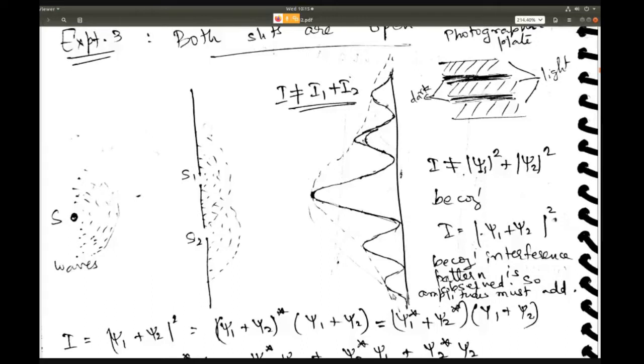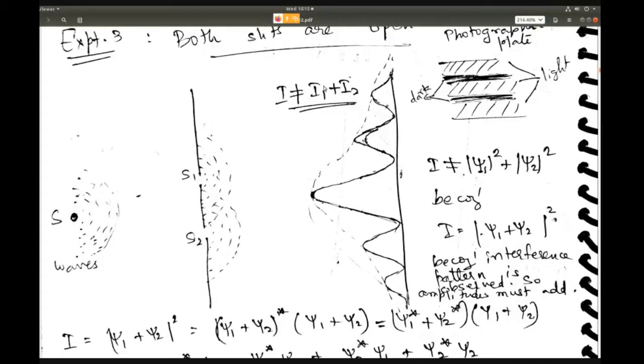The total I is obviously not I1 plus I2, because if it had been I1 plus I2, then you would have actually got something like the dotted line, where the intensity is maximum at this point, and everywhere else it is just becoming lower and lower. But that is not the profile you see, which means that intensity I is not equal to I1 plus I2. So then what is it equal to?